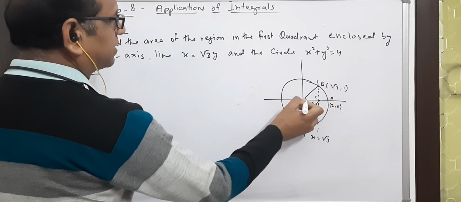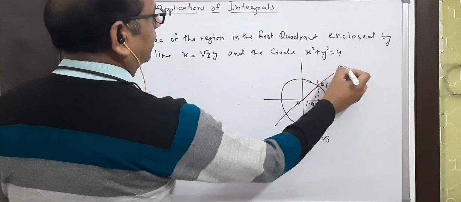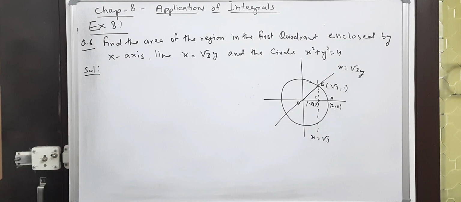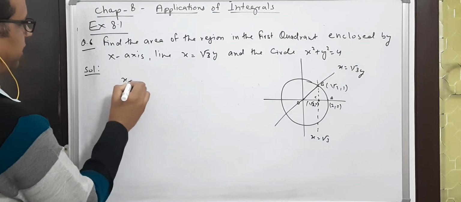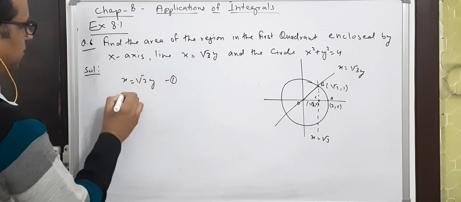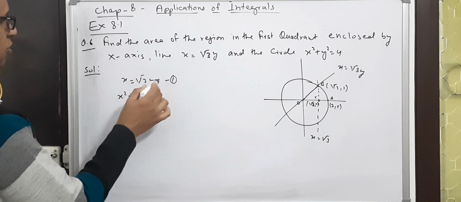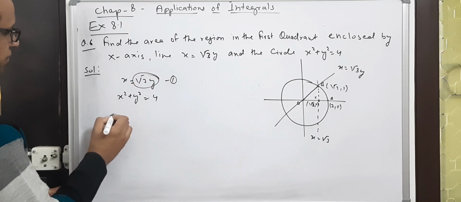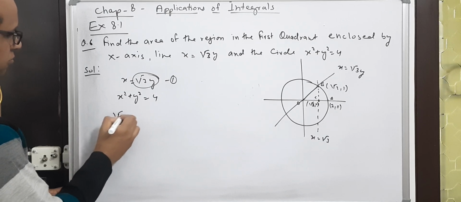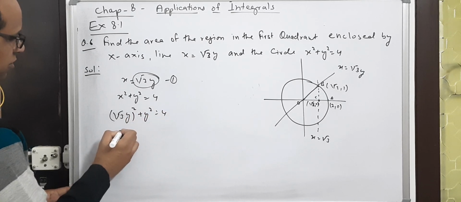You know, this line represents x equals root 3 y. So when you put x equals root 3 y in x square plus y square equals 4, it is root 3 y whole square plus y square equals 4.